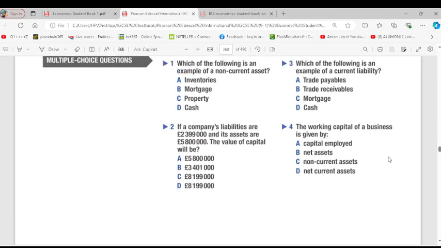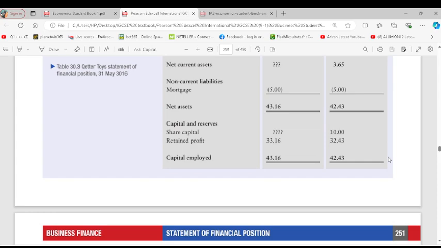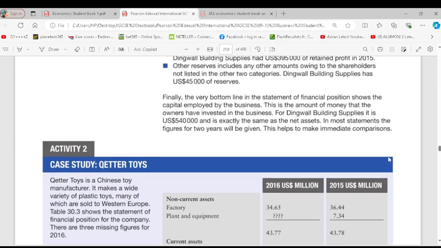Net assets? For working capital, no. It's D, net current assets.